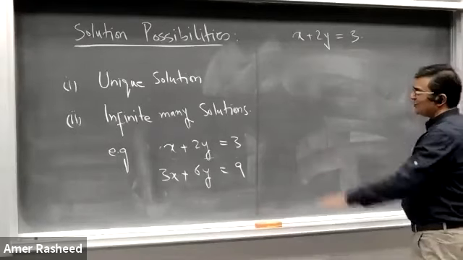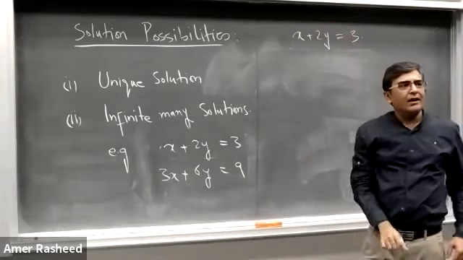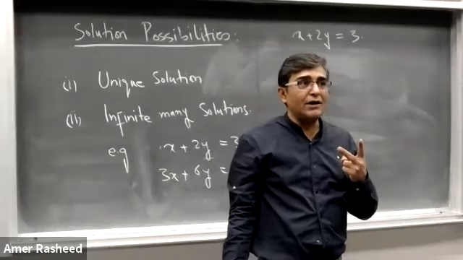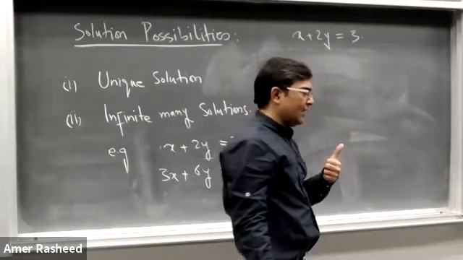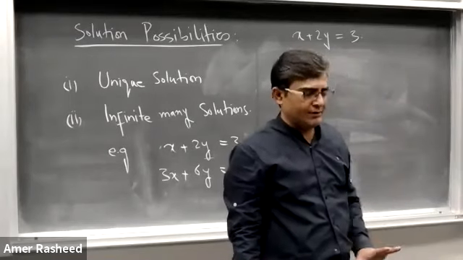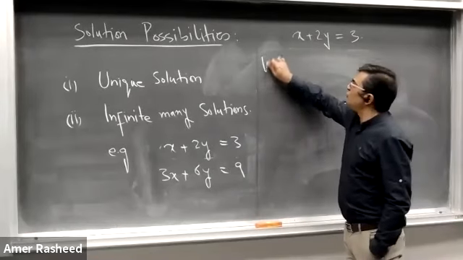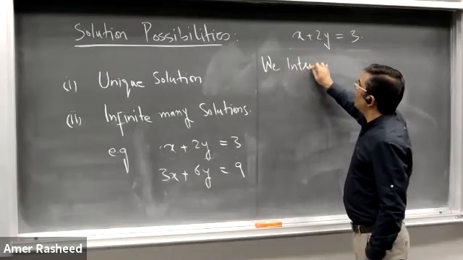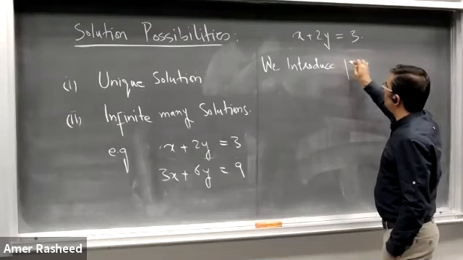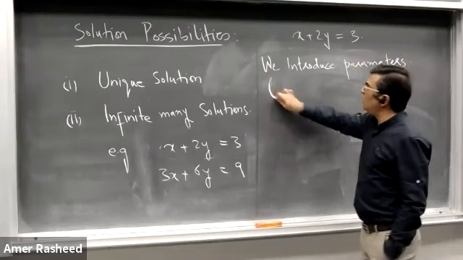Now in this situation, we only try to solve the single equation. The single equation cannot be solved fully here because there are two unknowns and we have one equation. In order to find the values of two unknowns, we must have at least two equations. In this situation, we introduce parameters, which we call free variables.